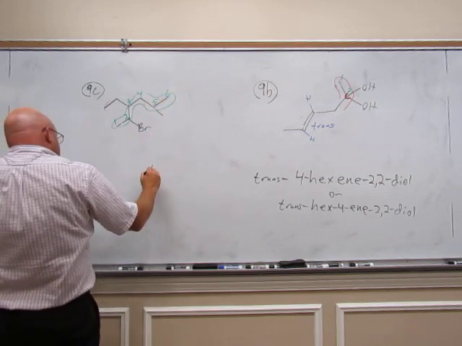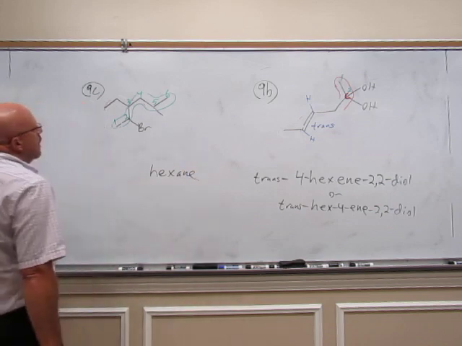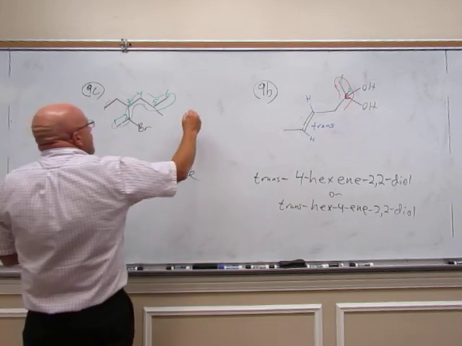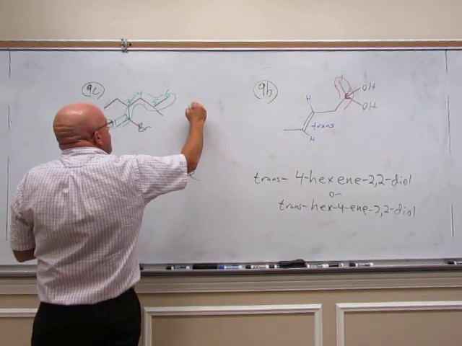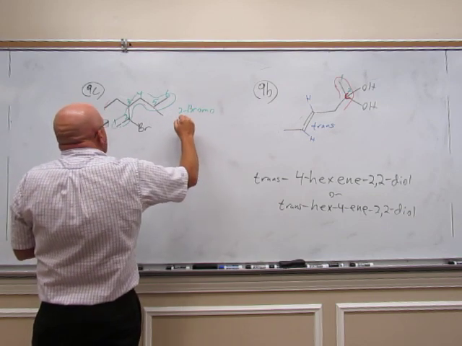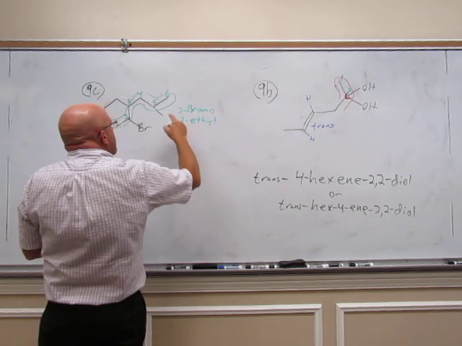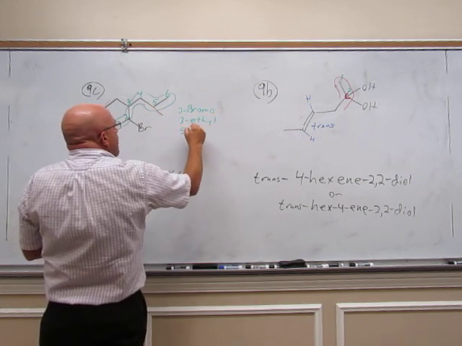Okay, so our parent is a hex with 6 carbons, it's a hexane. And we have, let's just write it, a bromo on carbon number 2. We have an ethyl on carbon number 3, and a methyl on carbon number 5.